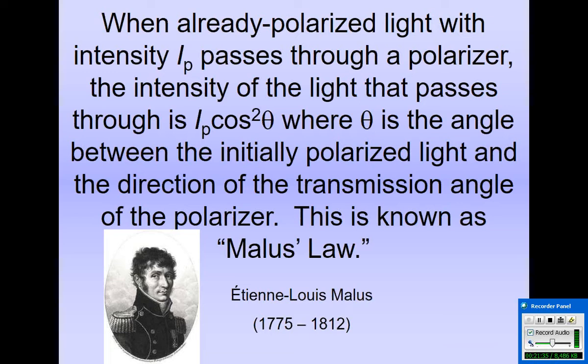So, unpolarized light passes through a polarizer, the intensity drops by a factor of 2. That's automatic. But then, when now polarized light passes through a second polarizer, the intensity drops off as a factor of cosine squared theta, where theta is the angle between the polarized light and the transmission axis of the second polarizer.